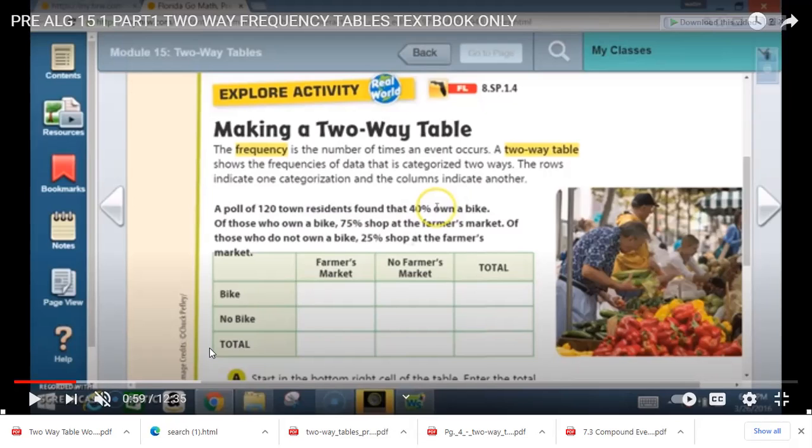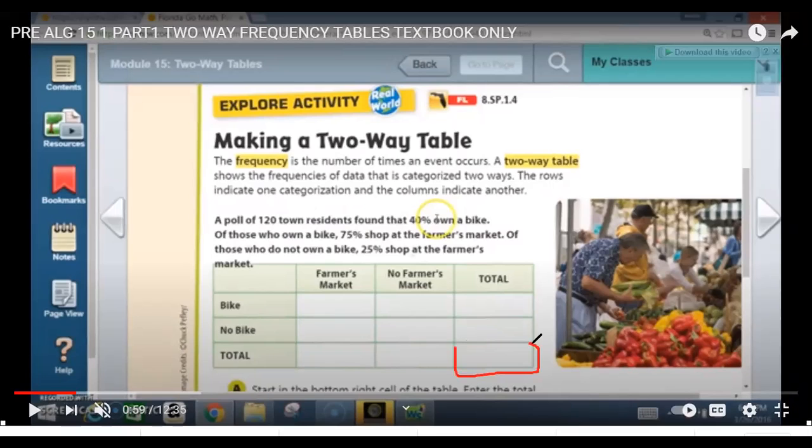In a two-way table we have to care about this part, this rectangle, because in this rectangle the total for the column should be the same as the total for the horizontal row.